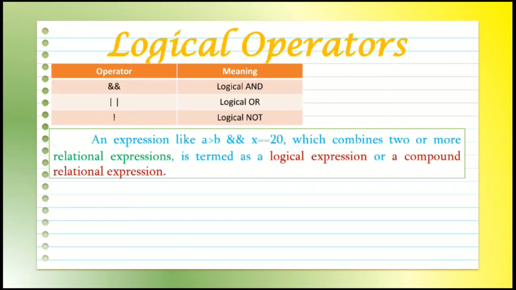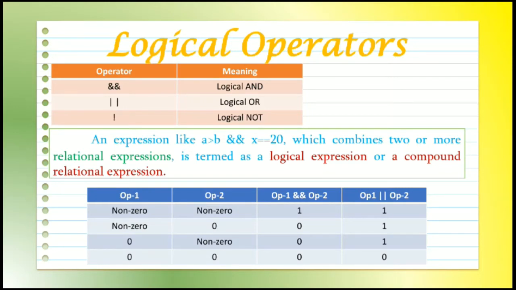Like the simple relational expression, a logical expression also holds a value of 1 or 0 according to the truth table. So here, if the first operand is non-zero and the second operand is also non-zero, then the operation of AND will be 1, and the operation for logical OR will also be 1.